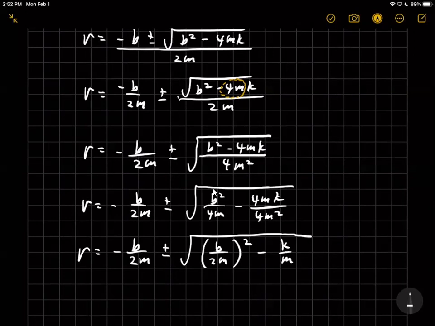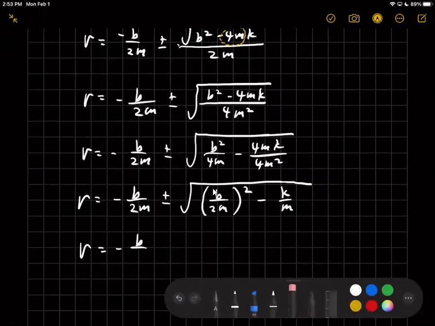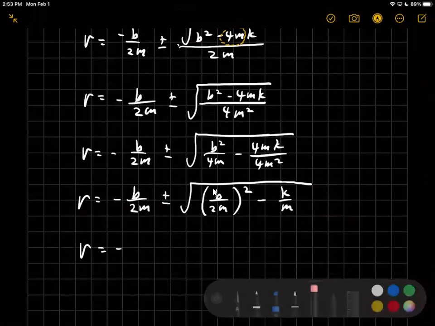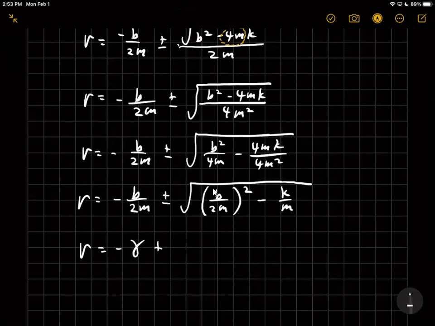Now we're ready to do all of our substituting. R needs to be negative b over, whoops, we're ready to substitute, so we don't write negative b over 2m this time. We can go right to substituting gamma for that, okay? Plus or minus the square root of gamma squared minus k over m, that's omega naught squared, okay?